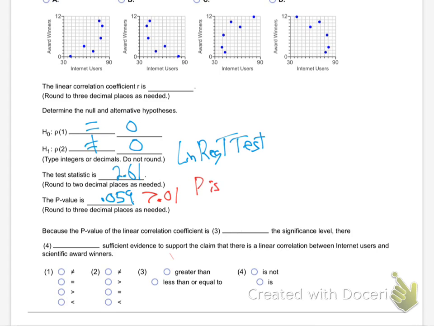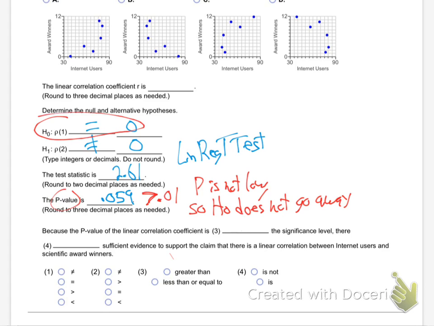So the P is not low, right? The P-value is greater. So H0 does not go away. The P-value is not low, so H0 does not go. So we keep H0.